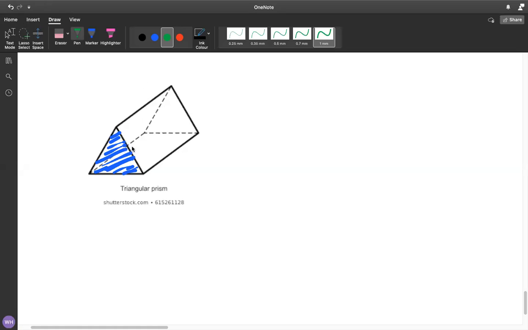So then here you have a triangle. They can give you a pentagonal prism or any other thing, right? So what you need to do is figure out the basic concept.